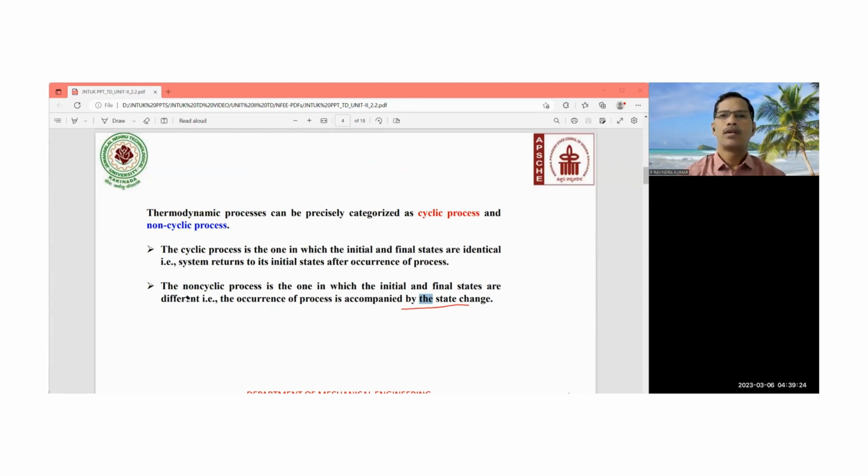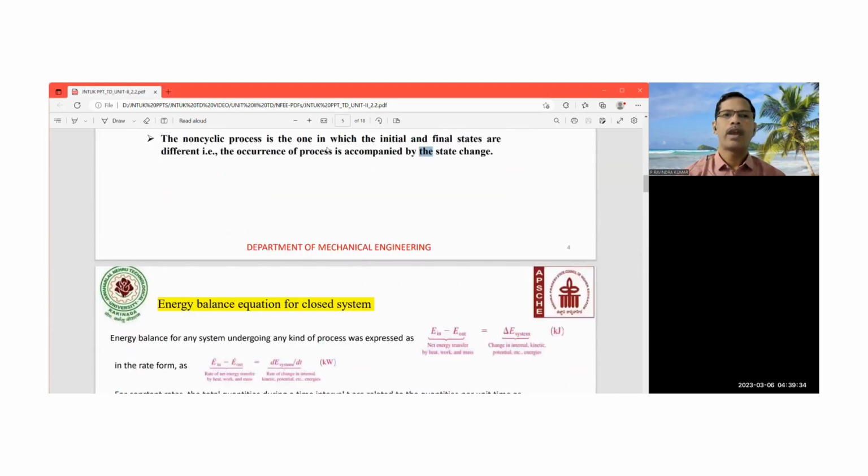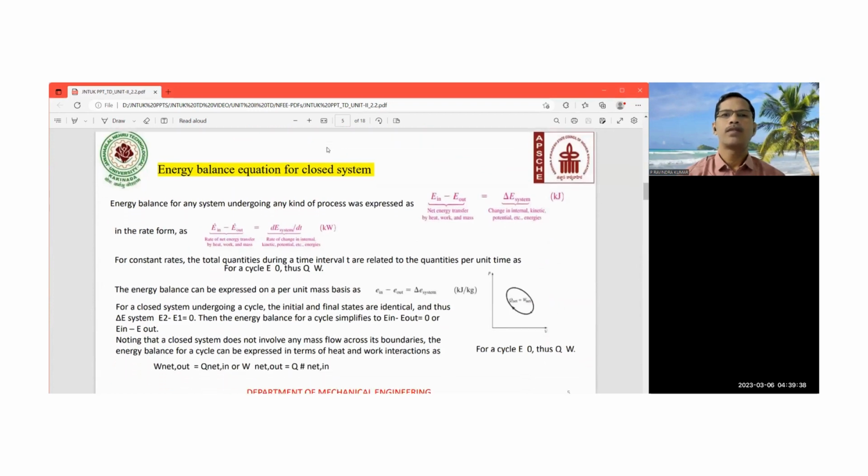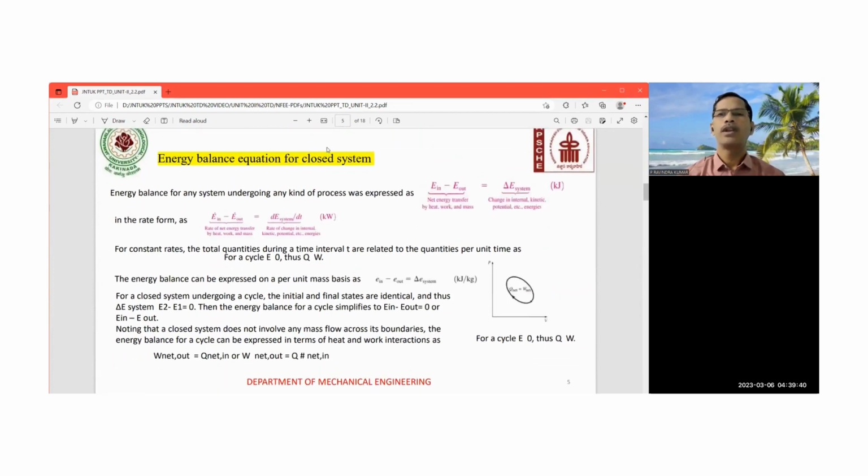Now we are going to cover the energy balance equation for a closed system. The meaning of this is how you are going to represent the energy equation of the first law of thermodynamics in various forms.